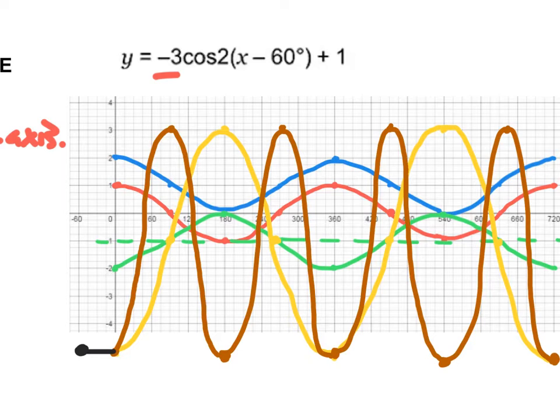So this point here, how many boxes is that? 4 boxes. 1, 2, 3, 4. Shift it over to here. Shift this over 4 boxes. 1, 2, 3, 4.